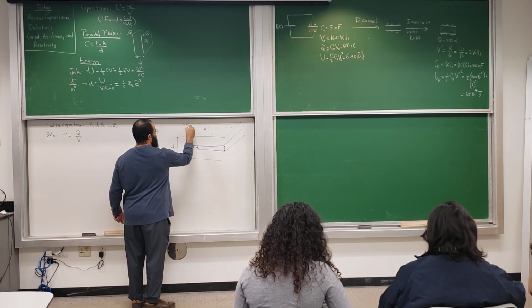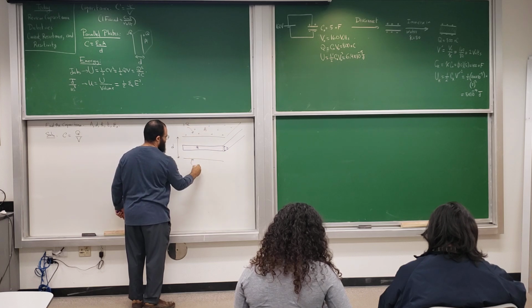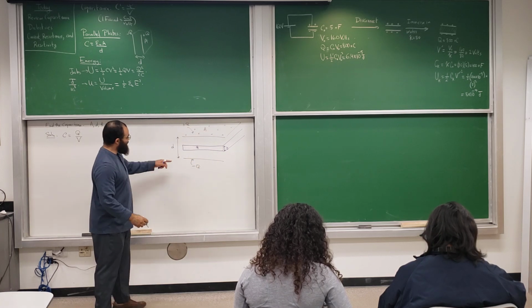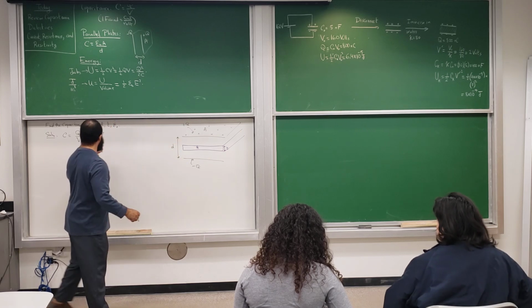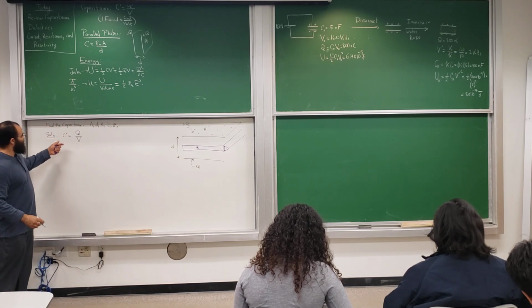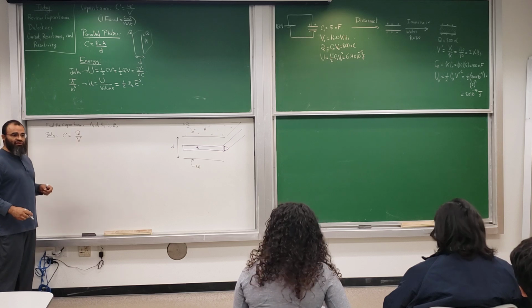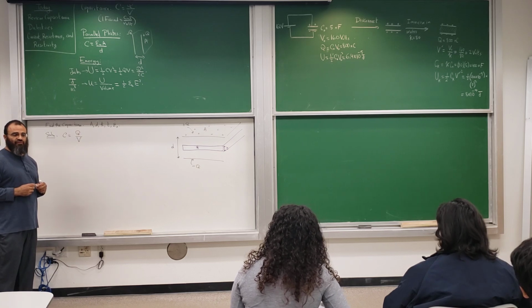This is plus Q, and then here you would have minus Q on the bottom plate. The question is, find the potential difference between the 2 plates, and then divide the charge over that potential difference, and that's your capacitance.